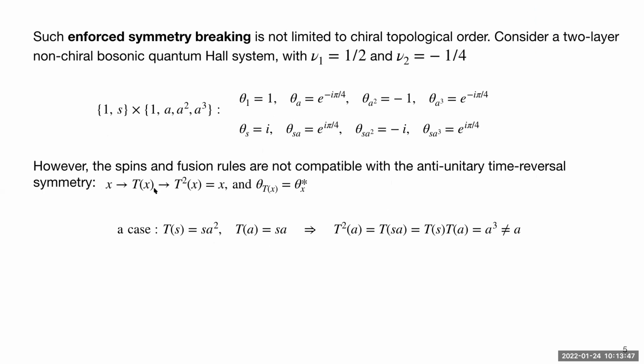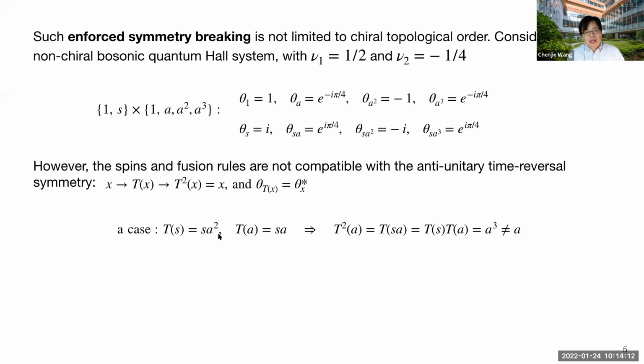Now if you impose these conditions, you see that the only possible time reversal action is to send S to SA squared, because of this i and minus i; there are no other anyons with exchange statistics plus or minus i.